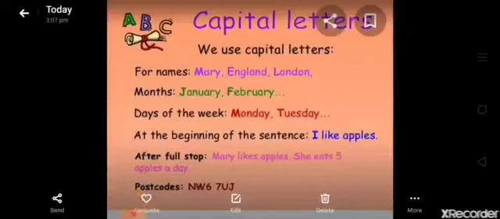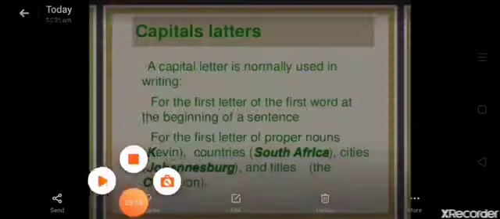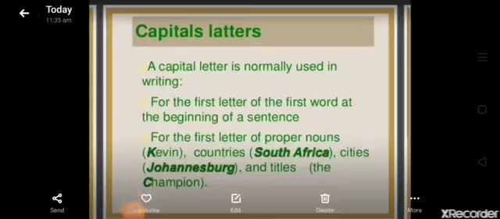We use a capital letter to mark the beginning of a sentence, and capital letters are used in the following cases. A capital letter is normally used in writing for the first letter of the first word at the beginning of the sentence.